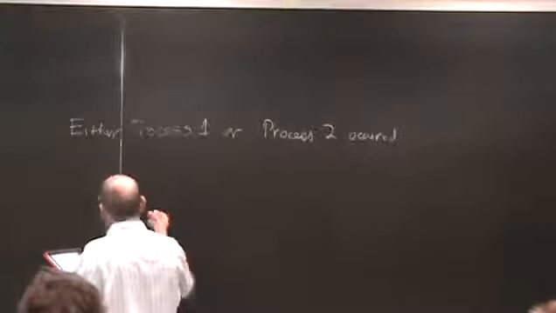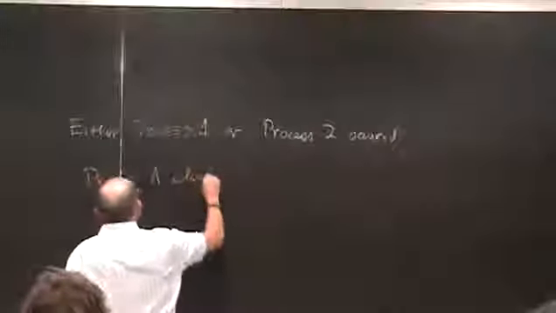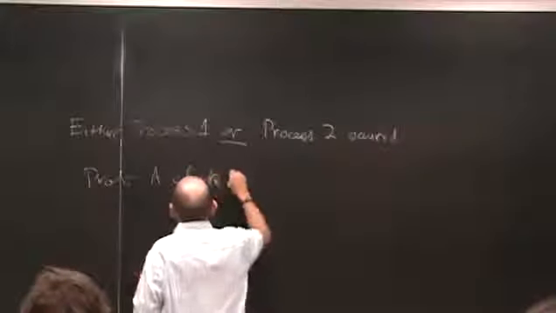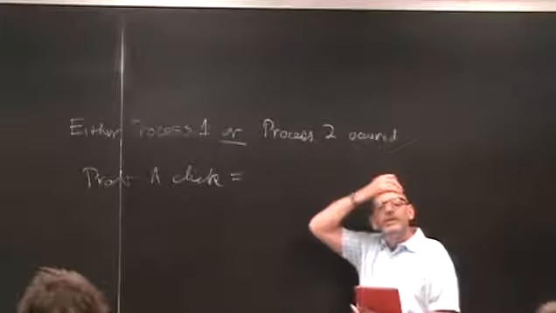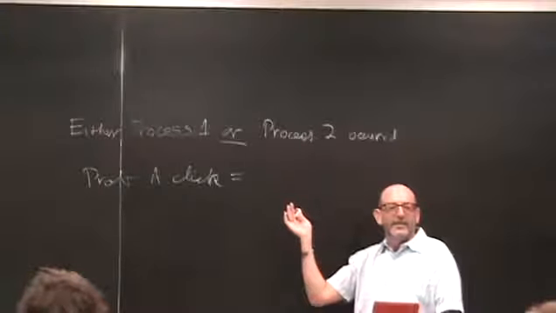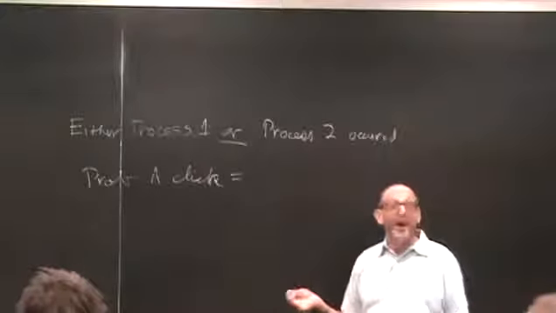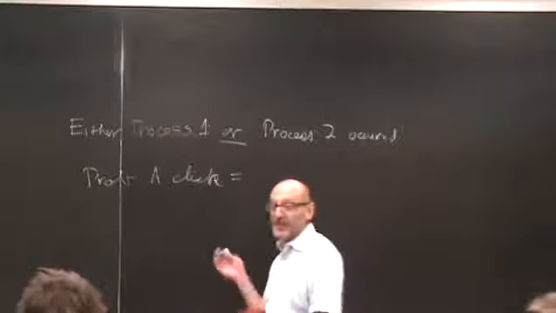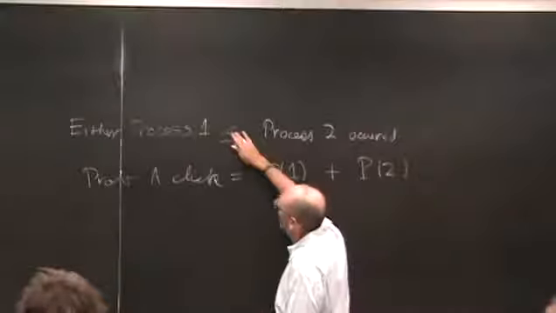And so if we want to say that either this or that happened, then how do you combine probabilities if you have two different alternatives? You add them, right? If this or that happens, then the total probability is the sum of the probabilities: the probability of process 1 plus the probability of process 2, because we have or.